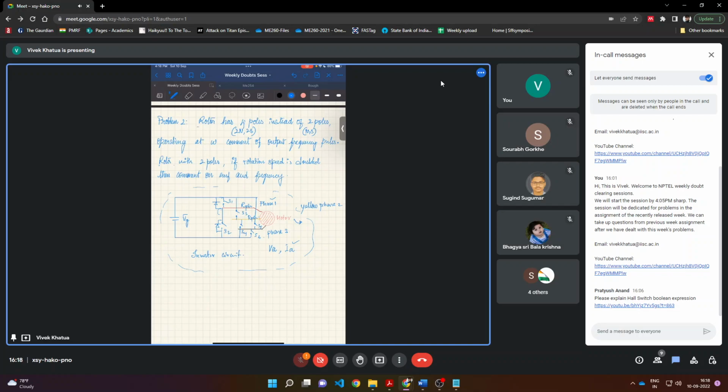They say that the rotor has 4 poles instead of 2 poles. So if they are operating at an omega, what will be the switching frequency of your Hall switches? Can we have a guess what will happen?